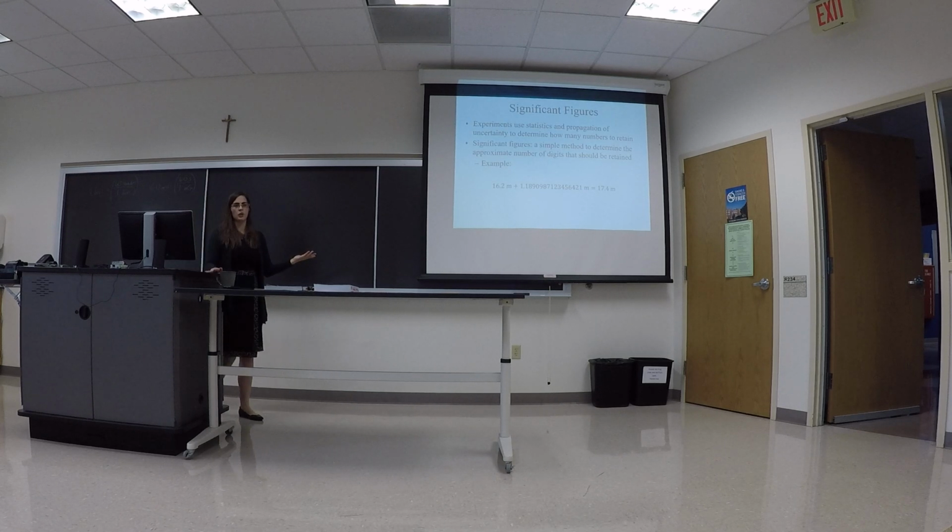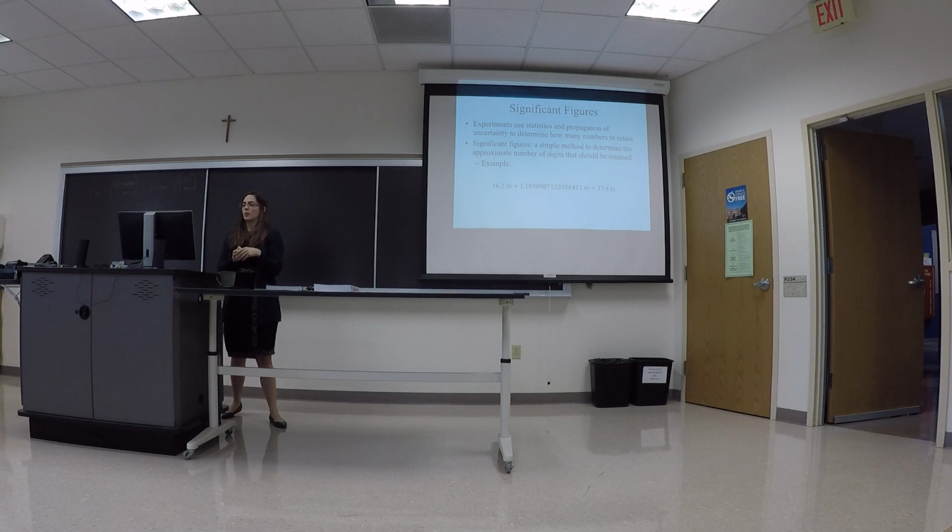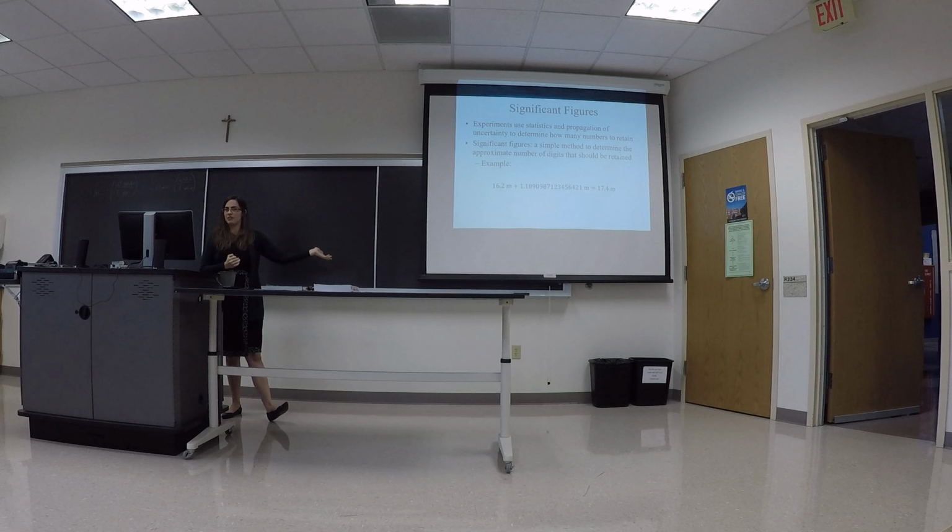Another idea I want to cover quickly, which you probably have heard in chemistry or something like this, is significant figures. Experiments use statistics and propagation of uncertainty to determine how many numbers you keep. We're not going to be running multiple experiments every time I give you a problem. So in order to determine how many numbers we retain, we use this idea of significant figures.